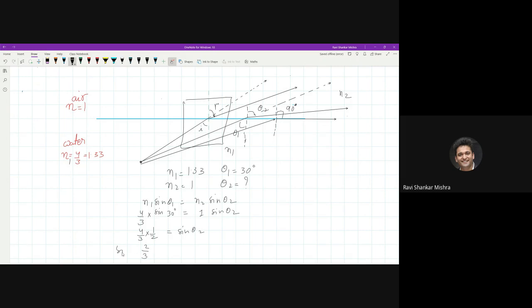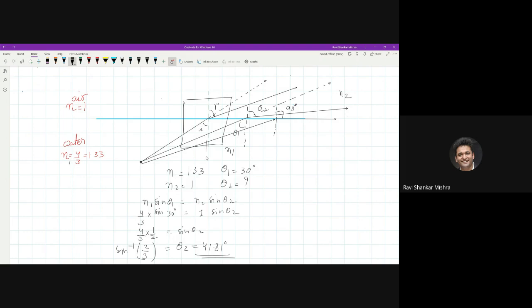Sine inverse 2 by 3 is equal to theta 2. What is theta 2? Put in the calculator. I have a calculator. I'm going to put shift sine inverse 2 by 3. 41.81. So theta 2, we got 41.81 degrees, right?